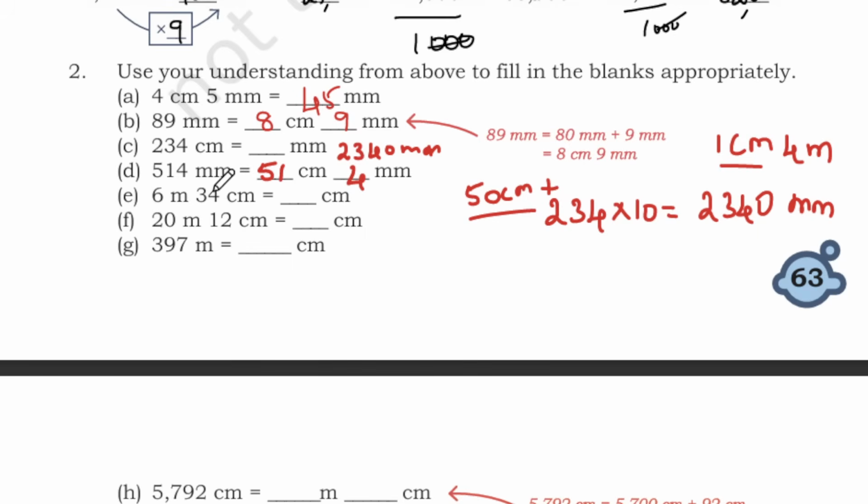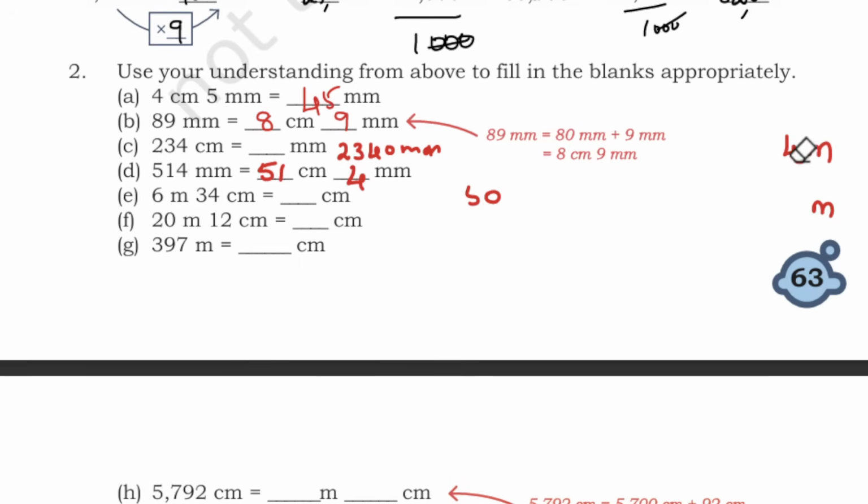So we have 6 meter and 34 centimeter. I'm sorry, this is meter, not centimeter. So 6 meter, when you're converting into centimeter, what will you do? You will multiply by 100.